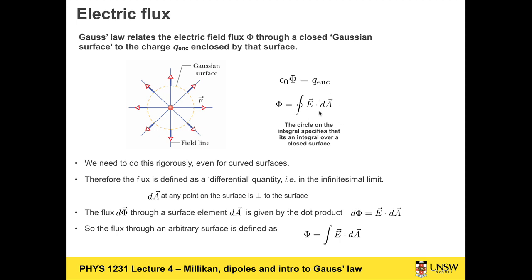And also the sign gets included as well, because if E is anti-parallel to this dA, then it will be negative, right? And so, loosely speaking, this is how we get field lines going in versus field lines going out, and how we quantitatively measure it, and that's what a flux really is.